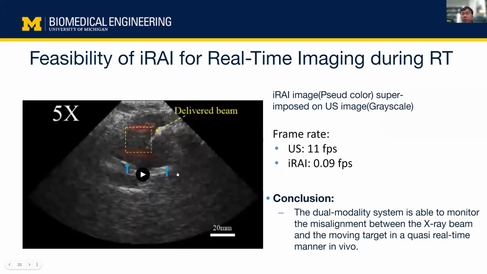But due to the use of a research linear accelerator platform whose repetition rate is much lower than a clinical device, the iRAI here only achieves a frame rate of 0.09 frames per second. But it's the first time demonstrated that the dual modality image system is able to monitor the misalignment between the radiation delivery and the moving target in a quasi real-time manner in vivo.